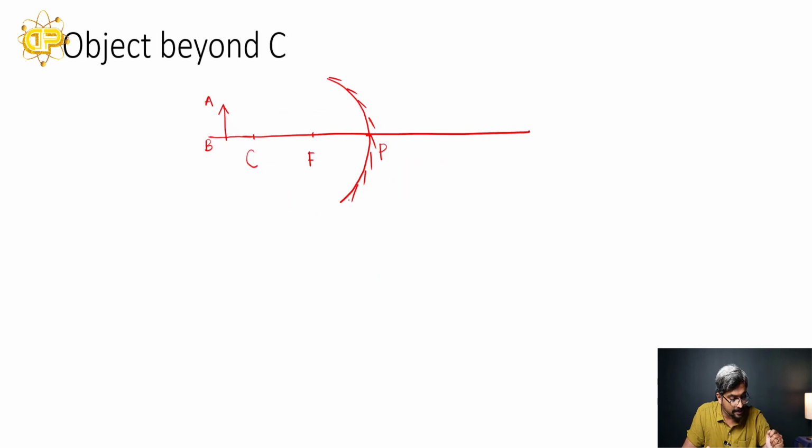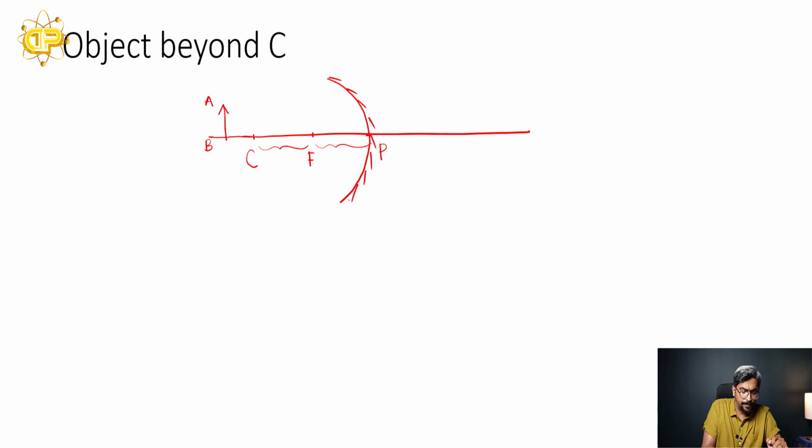Now the next case is when the object is placed beyond C. Where will the image be formed, and what are the various properties of the image formed there? This is the diagram. Make sure that these 2 distances are approximate while drawing, as you have seen in the previous videos.